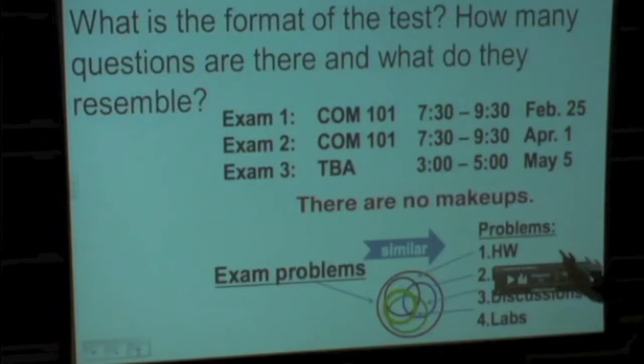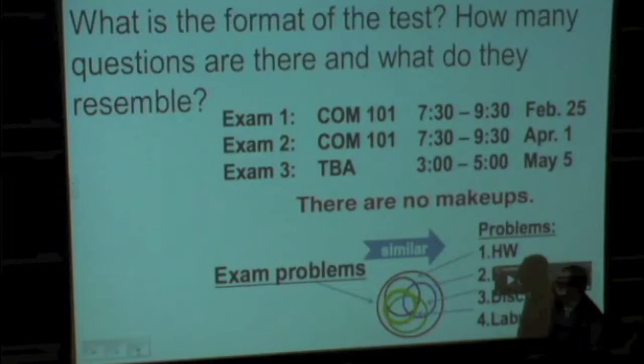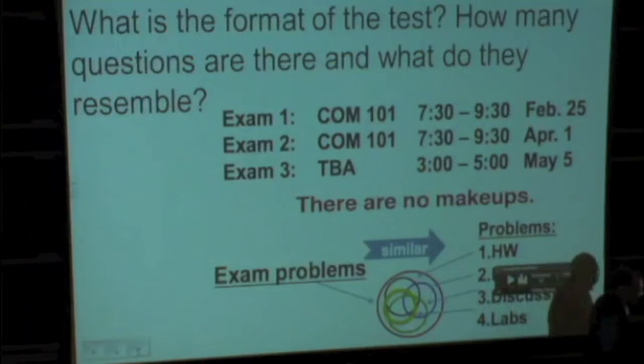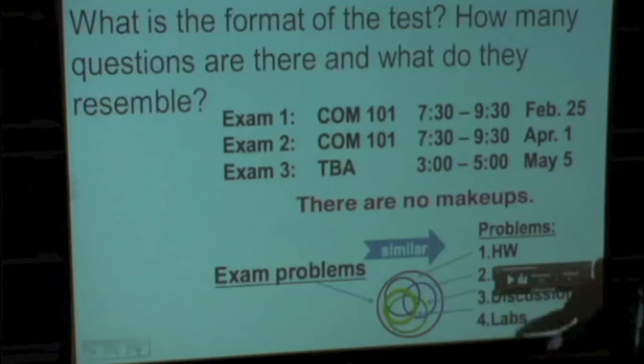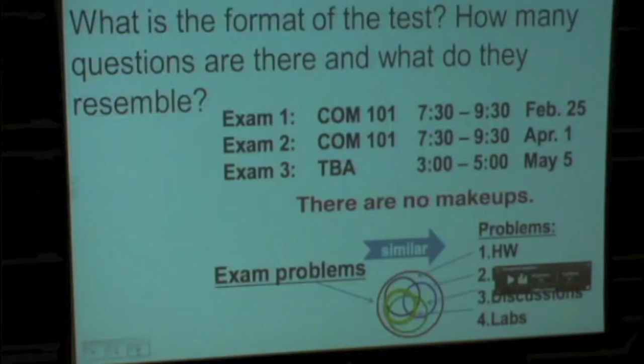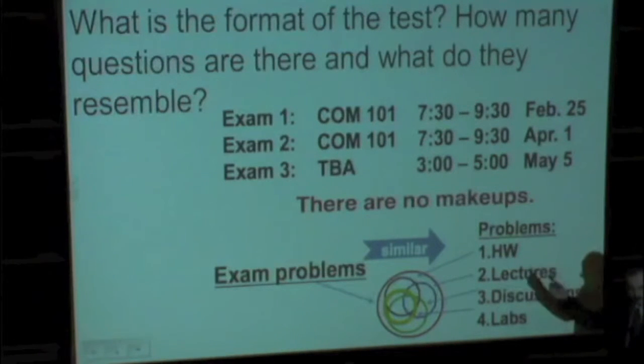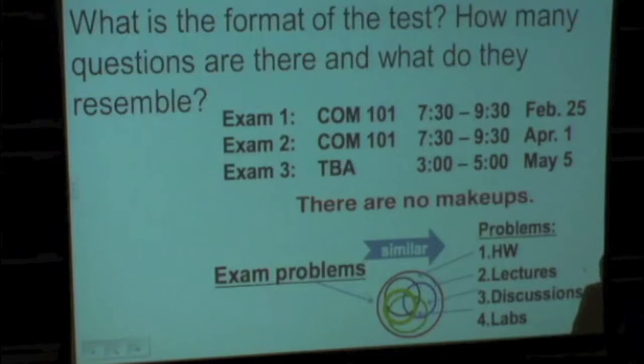And that's another question I received in my email. So this is the source. Any problem on the exam resembles one of the problems you've seen before. Where and when? Here in this room, on the screen, or in a discussion section when you read the assignment, or in a lab when you read the lab manual, or I don't know where you do your homework, but you should do it somewhere.